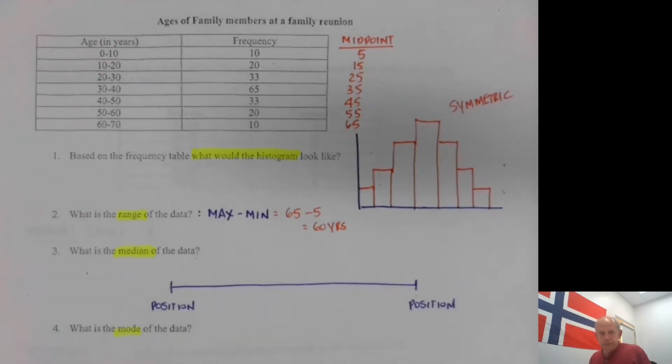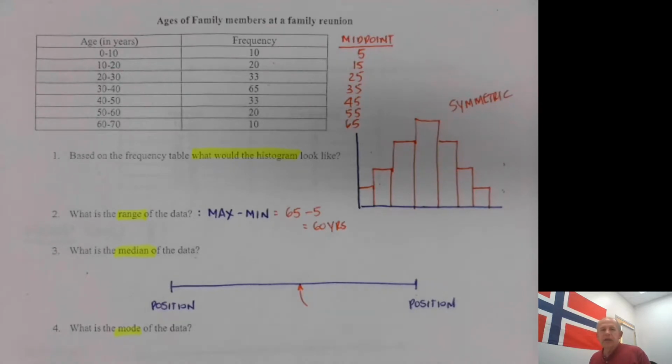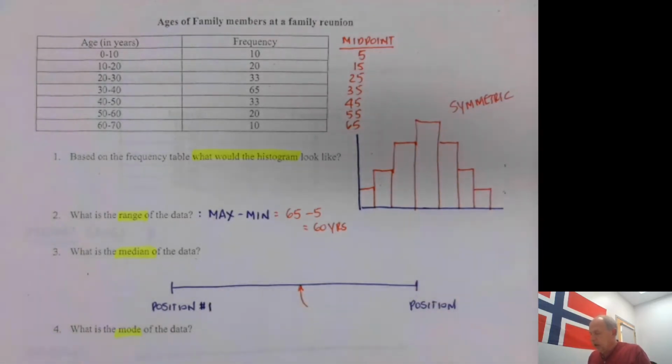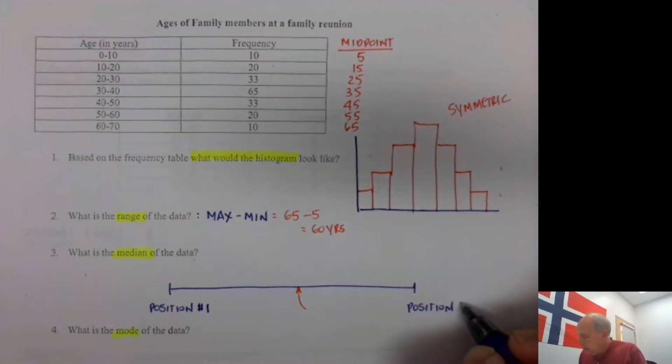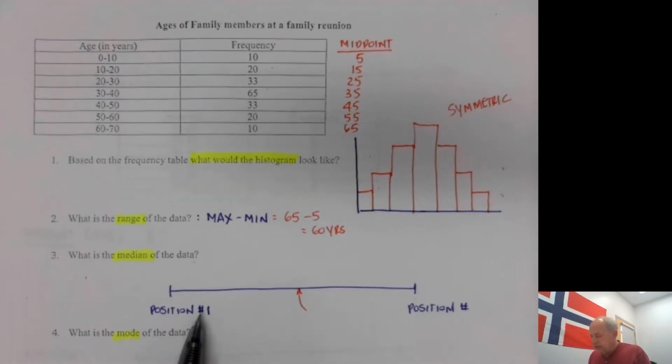Now, the median. What I'm going to do here is find the person that's standing right in the middle of the line. If I lined up everybody from the youngest, I'm going to call that position 1, to the oldest at the end of the line. Now, I know that the youngest person is in position 1.